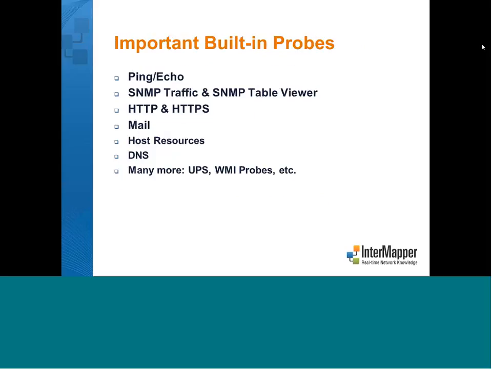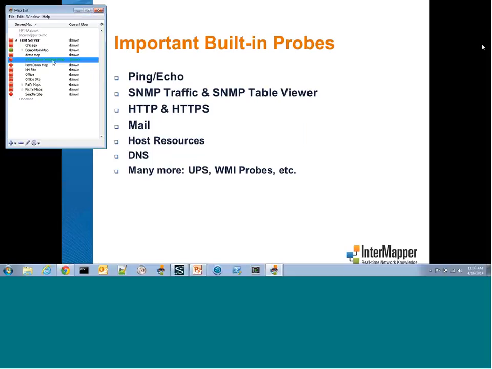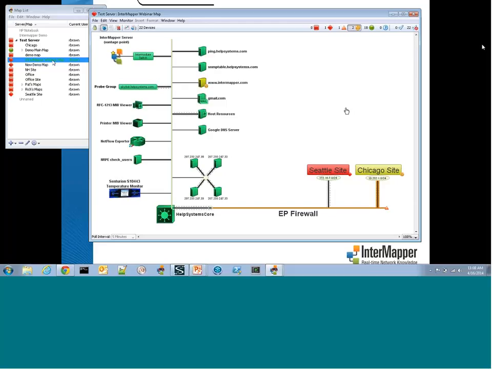So I'm going to jump in and go into demo mode here. These, as I said, are the important built-in probes. They're the backbone of what you're going to use, and I'm going to switch over to an InterMapper map here. This is all live data, and I'm going to go through some of these devices on this map.